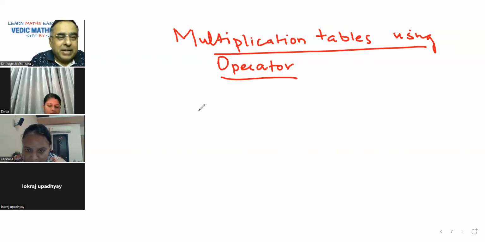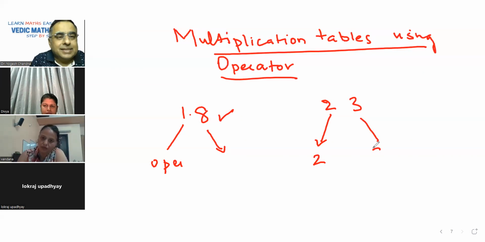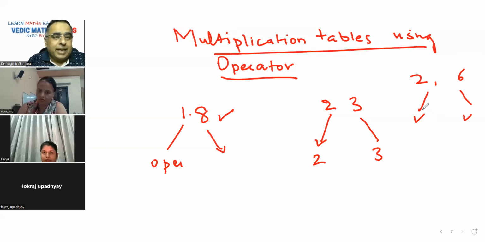Here, the numbers themselves are operators. For example, let's talk about 2-digit numbers. If I have to write a table of 18, then 1 and 8 are my operators. If 23 is the table I have to write, then 2 and 3 are operators. If 26 is there, 2 and 6 are operators. But in operators, we have to see whether that number can be converted to vinculum.